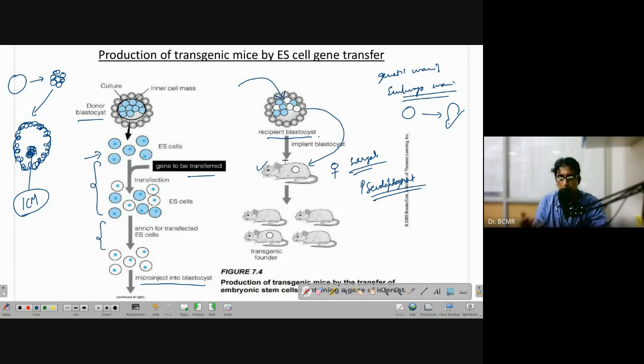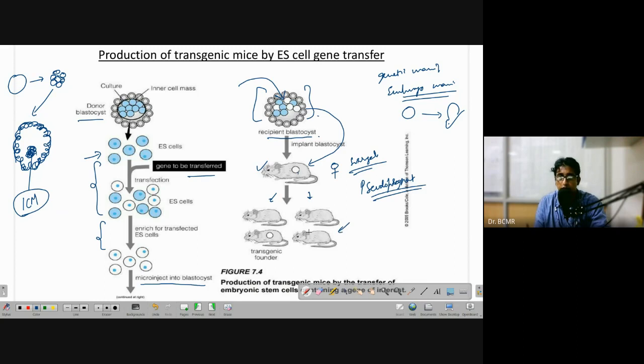So physiological or hormonal preparation is what is done. They put several manipulated embryos into the surrogate mother, and then allow it to give rise to pups.